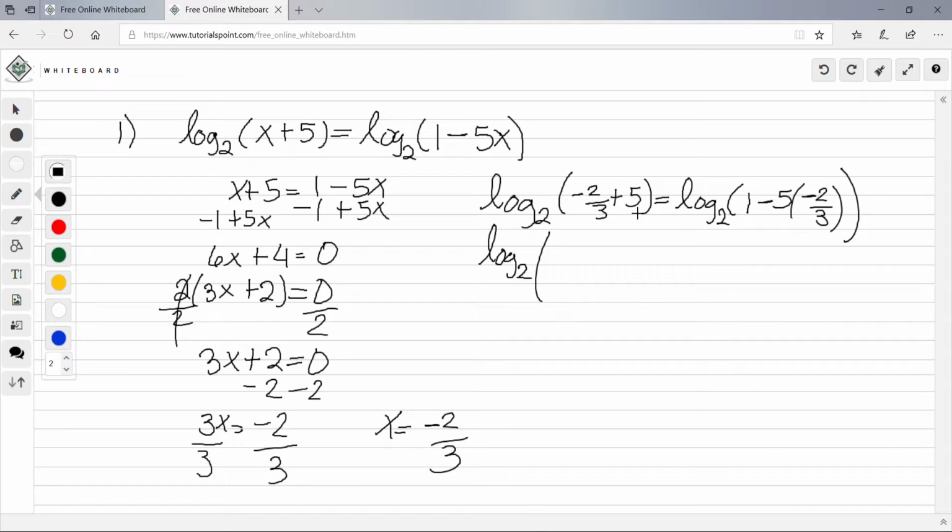For this part, let's get the common denominator. This is 1, so I'm going to multiply it by 3. So that's 15, and 15 minus 2 is 13 over 3.